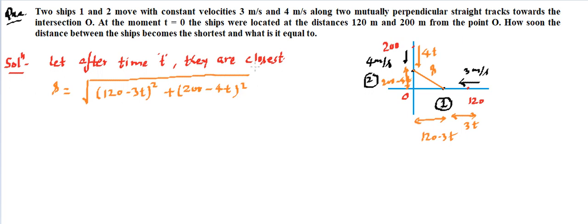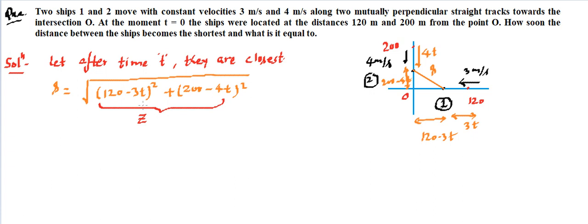We are talking about the instant of closest separation. So we need s to be minimum. Here again the learned rules are going to be applied. If we want s minimum, we need to differentiate and put it equal to 0, using the rules of maxima and minima. Let's denote the expression inside by another letter, let's call it z. So s is going to be minimum when z is minimum.